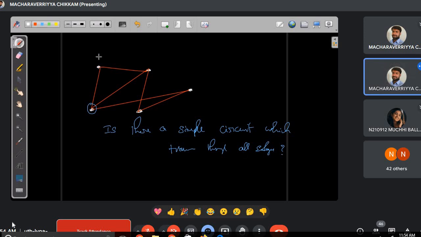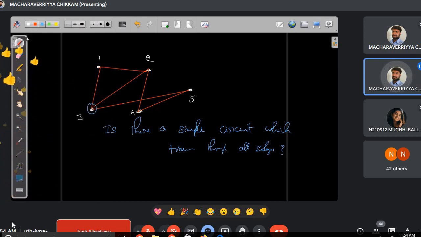For example, I'd like to start here. Let me name these vertices 1, 2, 3, 4, 5. So can we have a simple circuit here so that it travels on all edges? First of all, do we have any circuit? There is a circuit, that is 1, 2, 3.